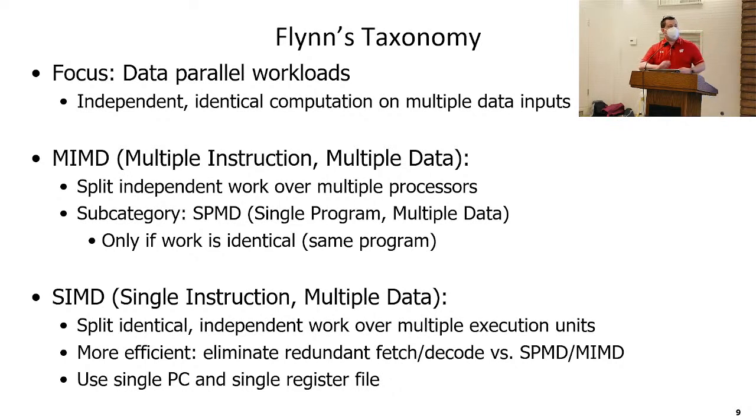And so on multi-core CPUs, this has taken the form of vector extensions, things like AVX and SSE. With GPUs, we'll talk about how very similar concepts are applied there. But the key underlying idea here is that this is much more efficient. Unlike MIMD, where we have to fetch all those instructions for every thread we're running, in SIMD, we only have to fetch it once. So we get benefits out of that.